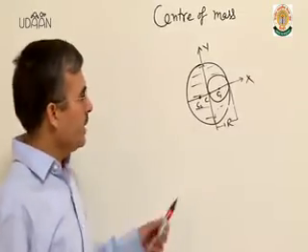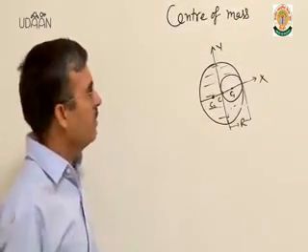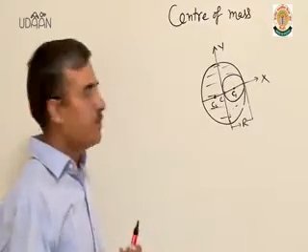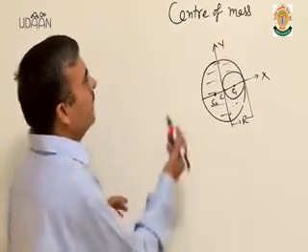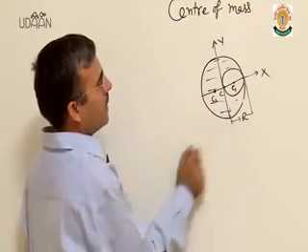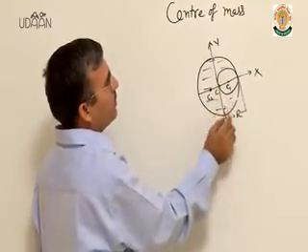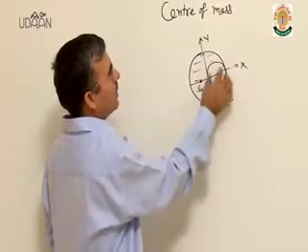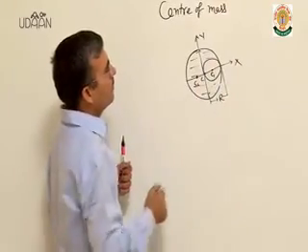We take one more example, of how the center of mass shifts when some part of the body is removed. Okay. It is a uniform disc of radius r. From this disc, a part of radius r by 2 is removed.